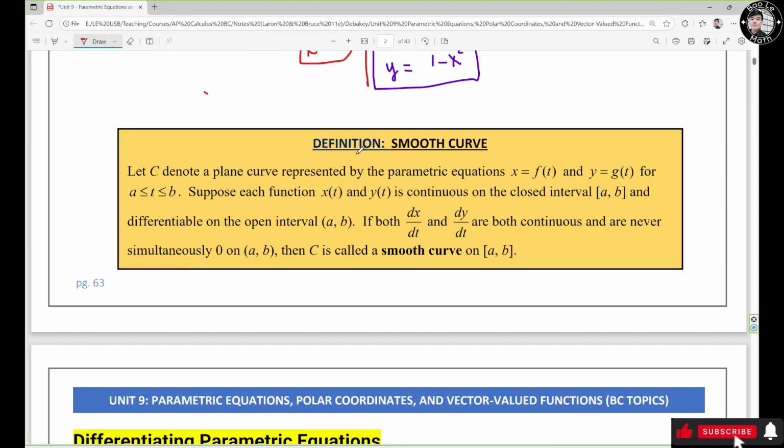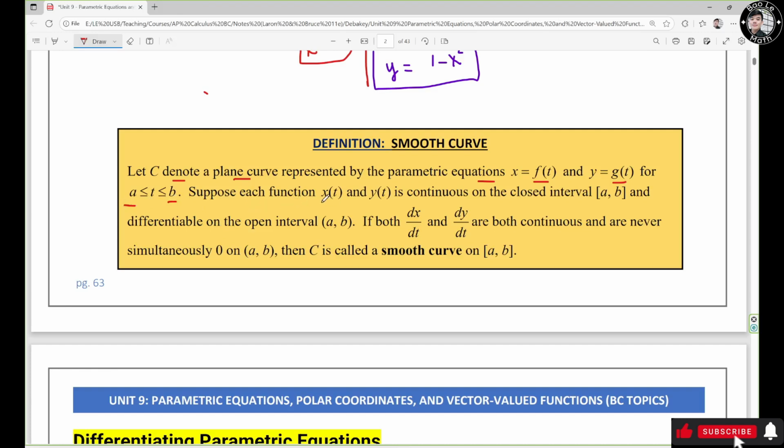Now let's move on to the definition of smooth curves. Let C denote a plane curve represented by the parametric equations x equals f of t and y equals g of t for t between a and b inclusive.